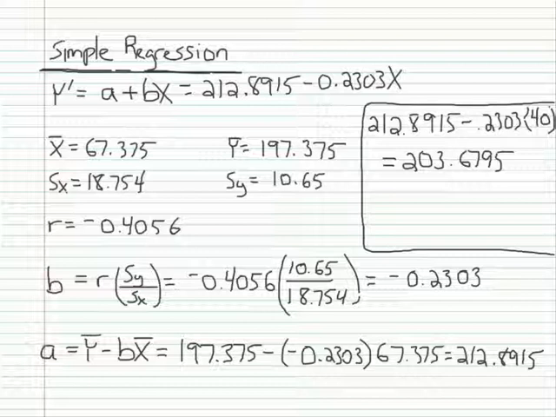My predicted marathon finishing time is 203.68 minutes, which turns out to be about a 3 hour and 23 minute marathon.